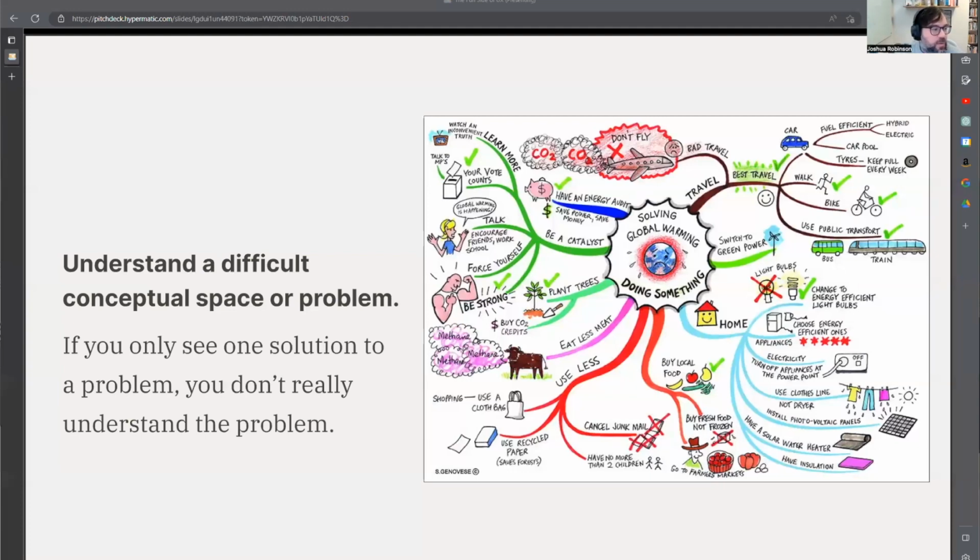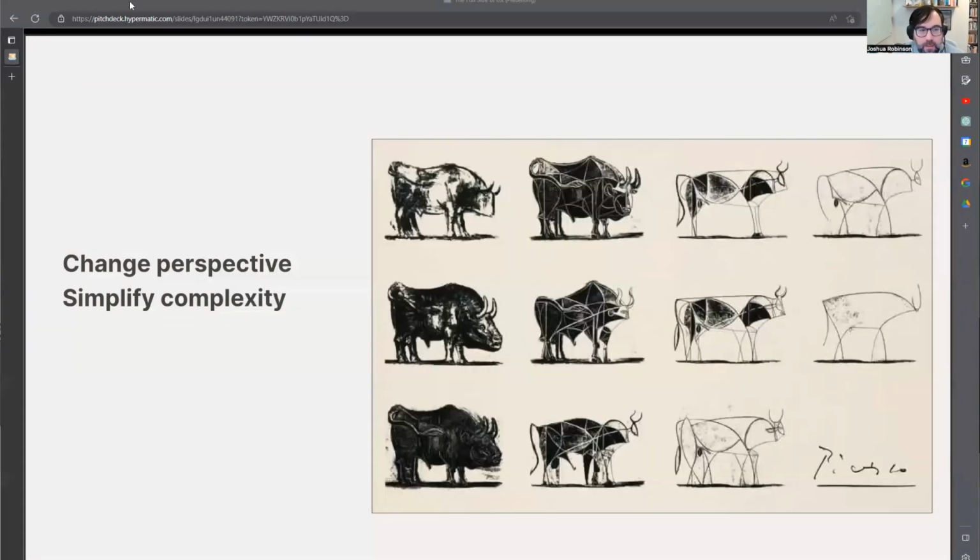And what this helps us do is to simplify or change our perspective. I love Picasso's series of bull drawings, because what he does is he slowly gets from more specific to more abstract, right?